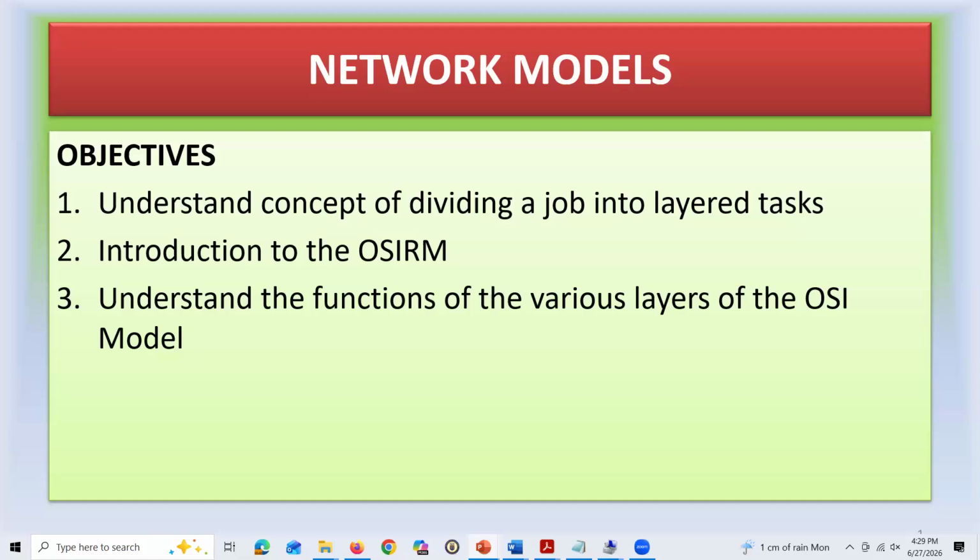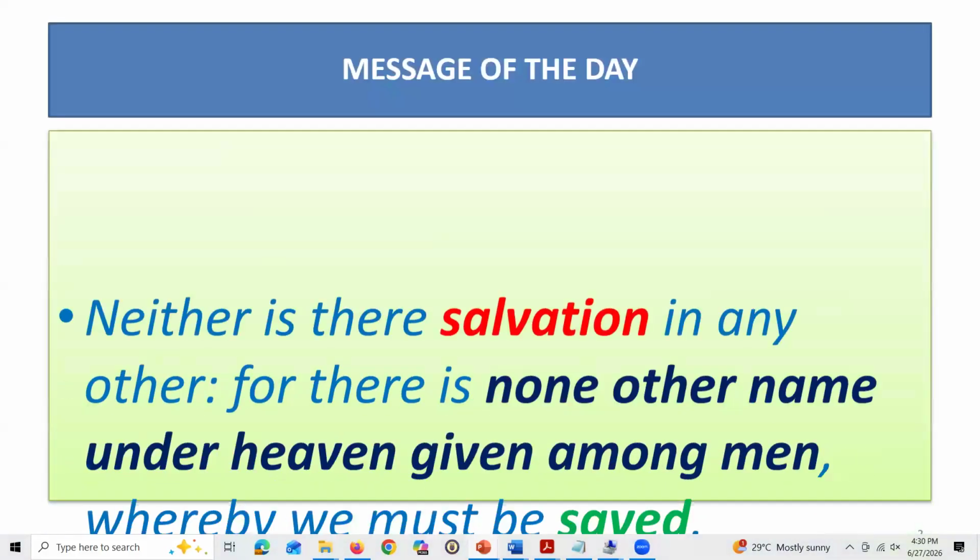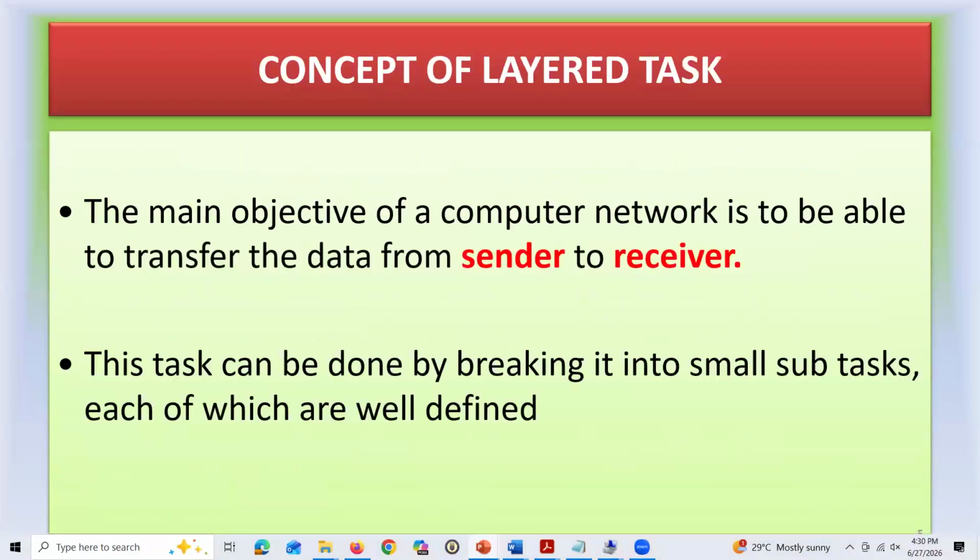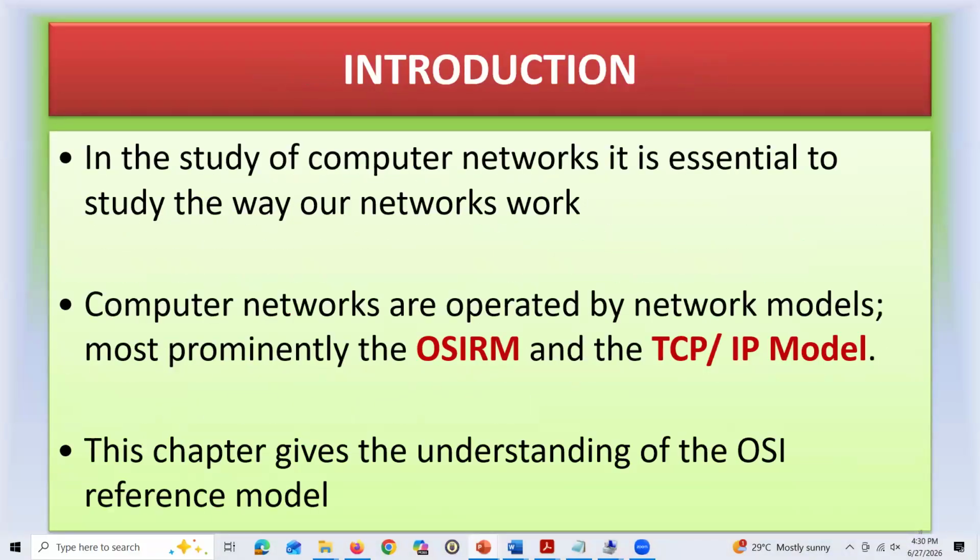Now, we have moved out from that age, and we have come to the age where we now sit in the comfort of your room or your office with your device, then you are able to send a message to someone of your choice across the globe. You don't necessarily need to travel or go to the post office to buy a stamp and then drop the letter and be hoping that in 3 weeks' time I'll get a response.